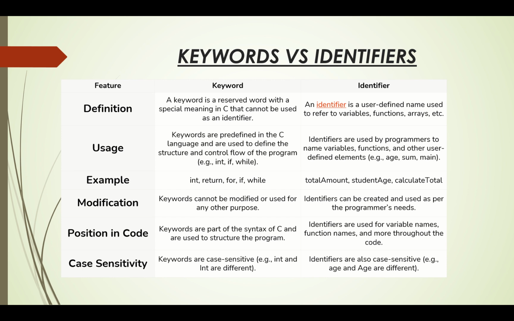Identifiers are used in variable names, function names, and more throughout the code. Keywords are case sensitive. There is int and capital Int; these are different. Identifiers are also case sensitive, so age and Age are different.